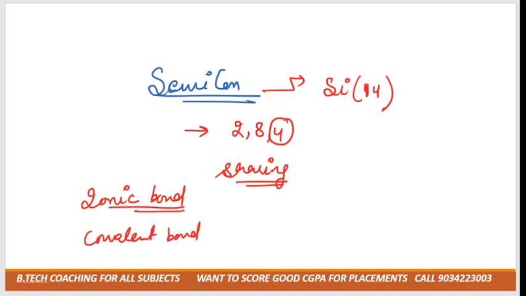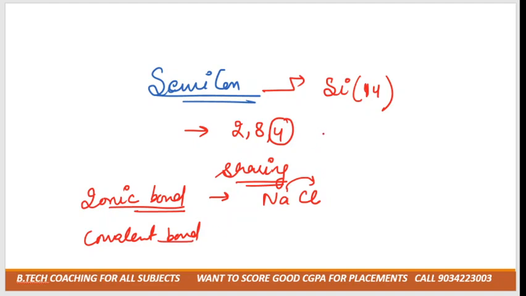Can you tell me what an ionic bond is? You have studied it in 10th class, maybe 11th class. An ionic bond is like NaCl, where electrons are transferred, but a covalent bond is completely based on sharing.